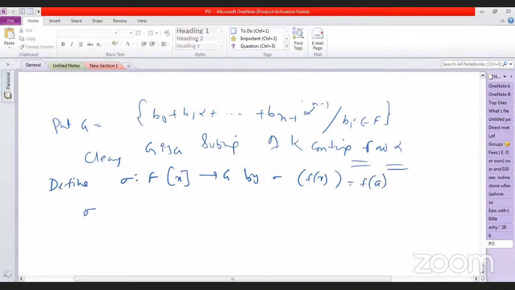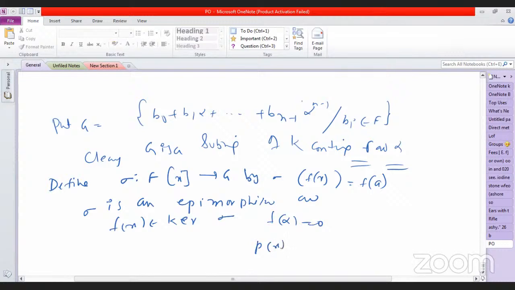Therefore sigma is an epimorphism, and f(x) belongs to the kernel of sigma, which means f(alpha) = 0. Therefore we can write P(x) divides f(x), that is, f(x) belongs to the ideal generated by P(x).